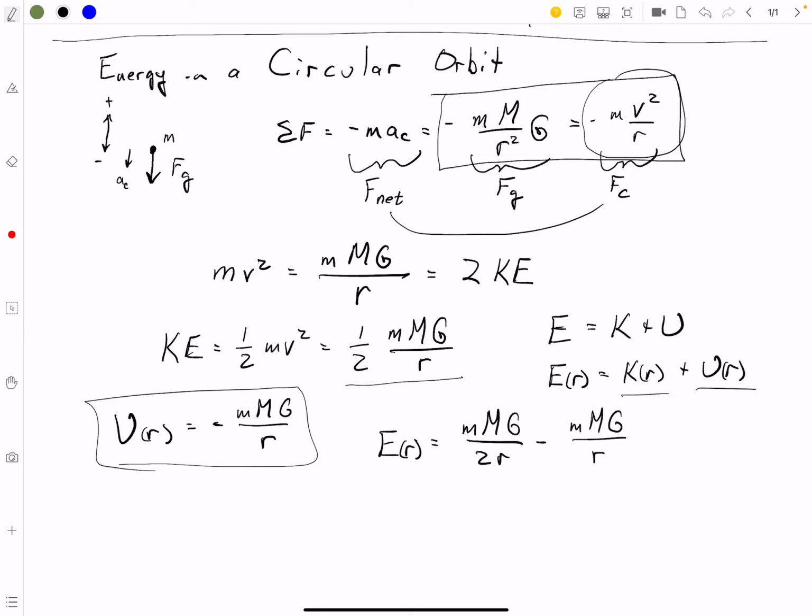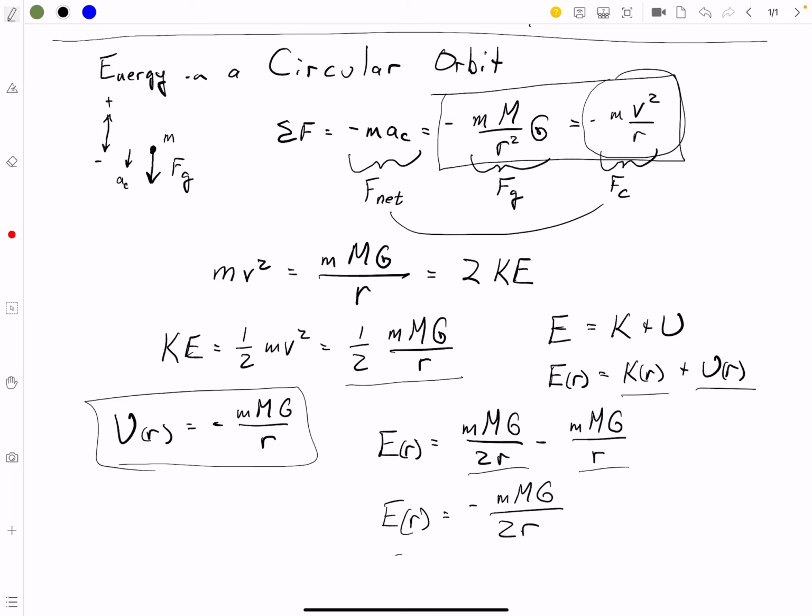Okay. I don't know if you guys have realized this, but we've got half here. We've got a whole here. If you have a whole minus a half, that leaves you with half. So E of r is equal to a half, but it's the negative half. So, mMg over 2r.